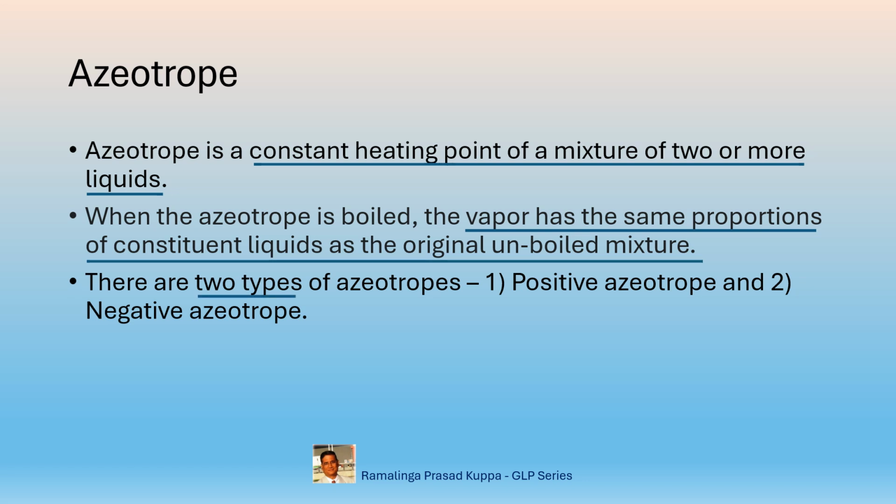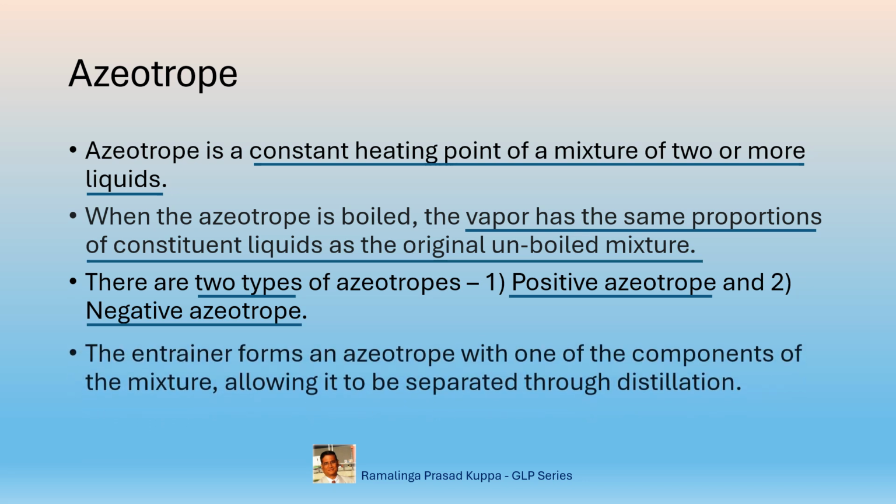There are two types of azeotropes. One is a positive azeotrope and the second one is a negative azeotrope. Positive azeotrope will have lower temperature than the constituent liquids. Negative azeotrope will have higher temperature than its individual constituent liquids for distillation.